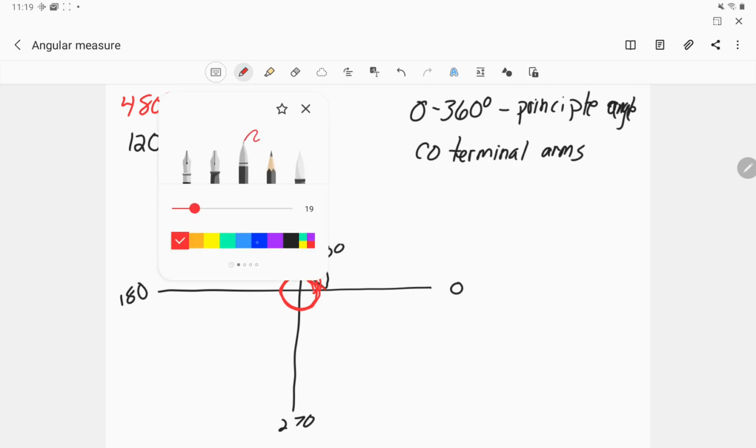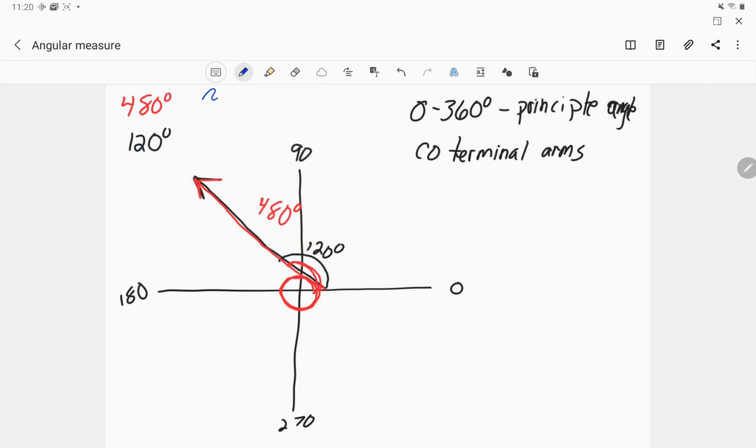And even if I said, I want you to draw me an angle that is negative 240 degrees. That would mean I would start at 0. I would go back 90, back 180, back another 60. That is negative 240 degrees, but again, it is a coterminal arm.